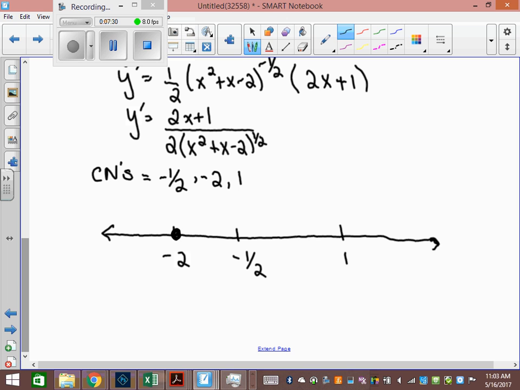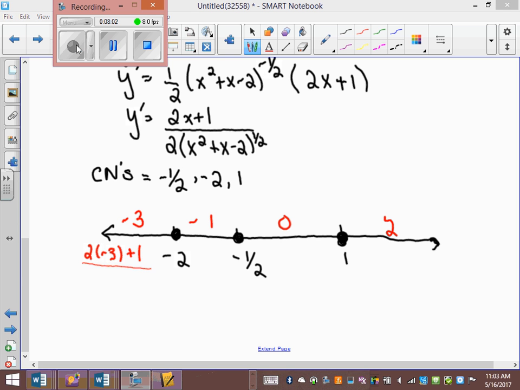I'm going to put dots on these because those aren't my test points. Then I'm going to pick negative 3, negative 1, 0, 2. Where do I plug them back in to find out if it's increasing or decreasing? The first derivative. So I'm going to go 2 times negative 3 plus 1 over 2 times negative 3 squared plus negative 3 minus 2 to the 1/2.